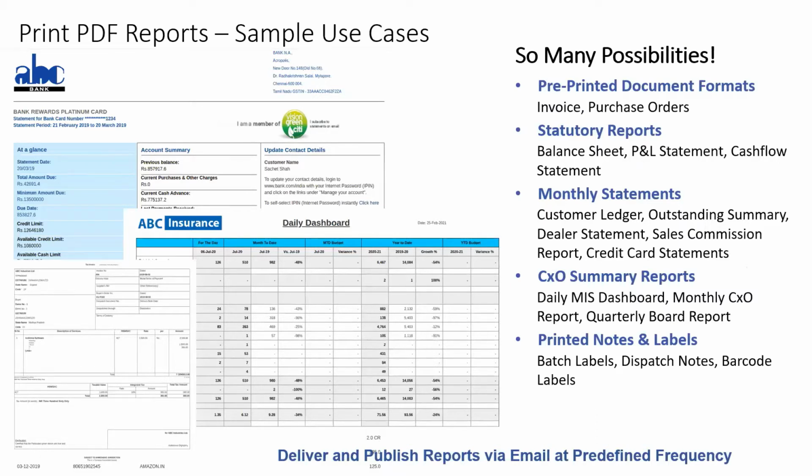So pre-printed document formats like invoices and purchase orders, or statutory reports like balance sheet and P&L statements, or say if you are sending monthly customer ledgers or account statements to your brokers or distributors or dealers, or say commission reports to your sales force.